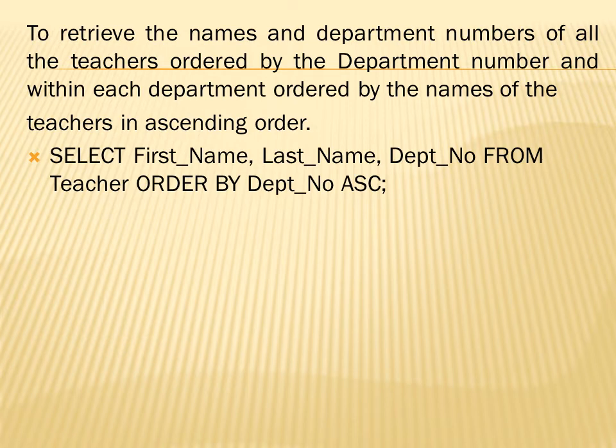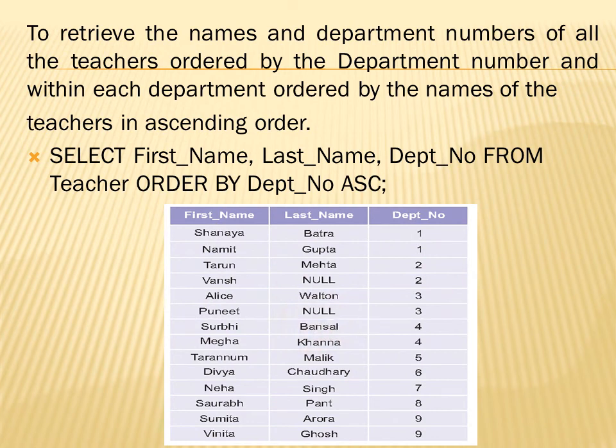Name of the table is teacher. Order by what? Department number, in which order? Ascending order. So ASC is the command. So you will get this output. The department number you can see here is ordered in ascending order, and you find the names. If it was descending order, then in place of ASC you will write DESC.